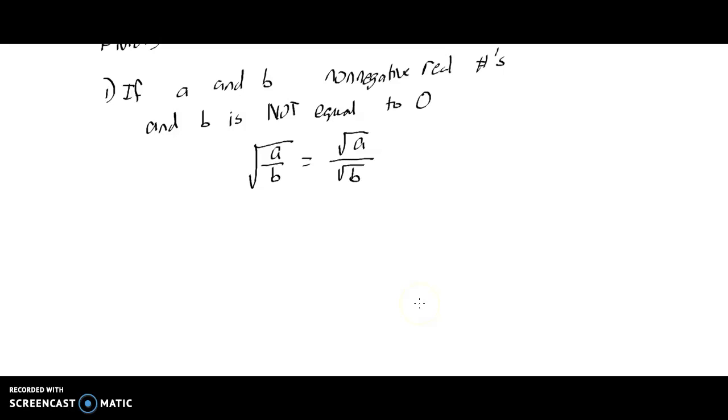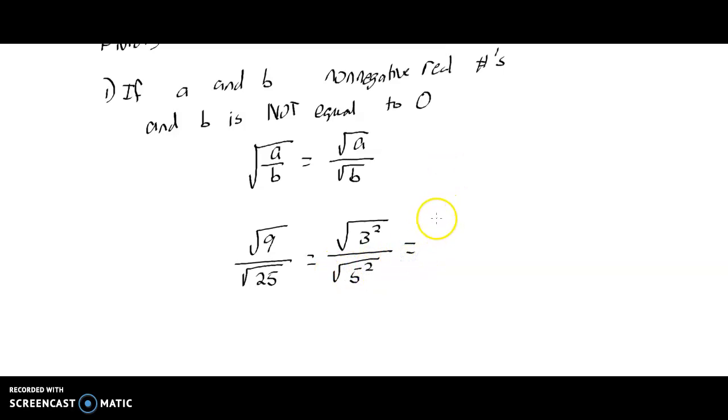Now, we don't ever want to have a radical in the denominator. That is not the most simplified form. So we're going to have to manipulate to get that radical out of the denominator. To do a pretty simple example, if we have the square root of 9 divided by the square root of 25, we know that 9 is 3 squared, and we know that 25 is 5 squared.